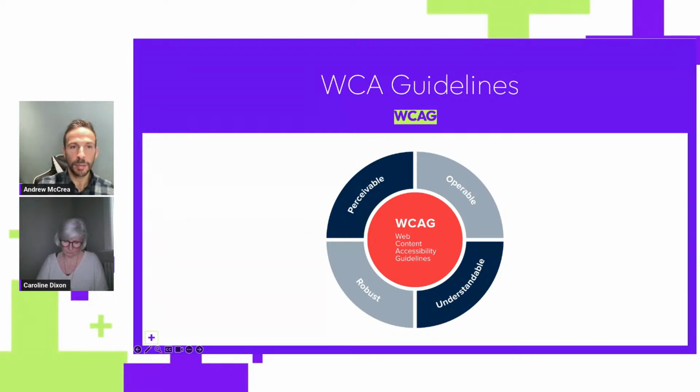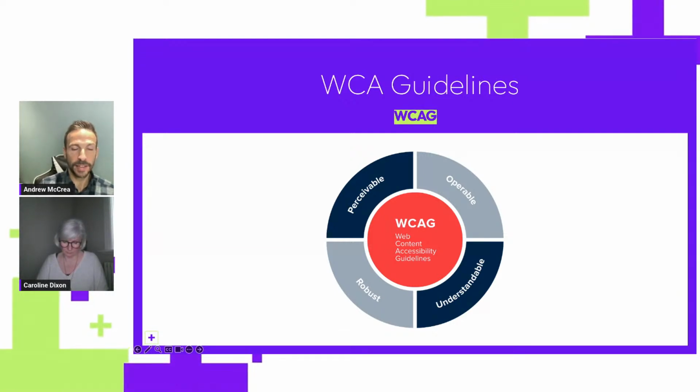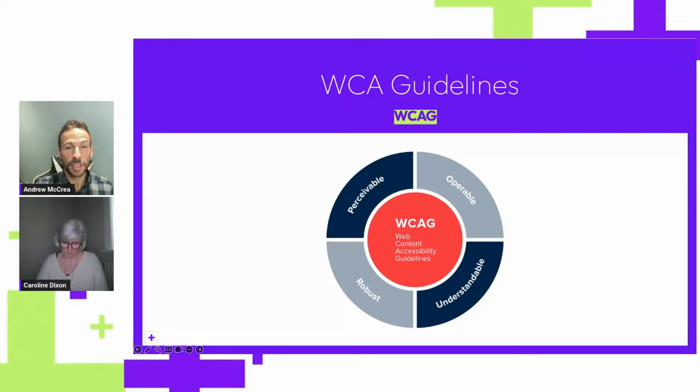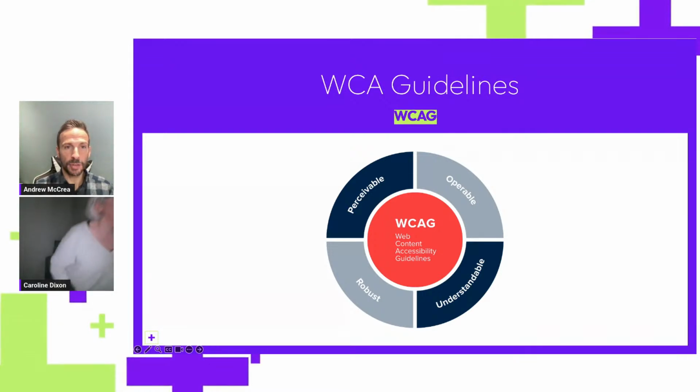Caroline mentioned the WCAG guidelines. I'm not going to go into this in any sort of detail because whether you're familiar with it or not, it's vast. If this is quite new to you, I would encourage you to read up on it. But what I'm hoping to describe in less than a minute is what the principles of WCAG are about.